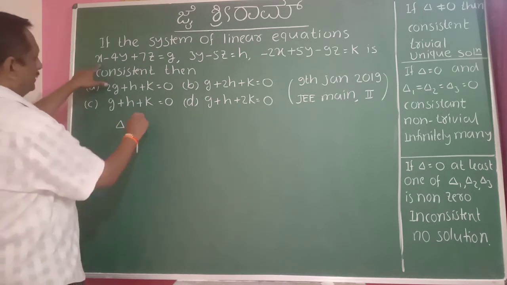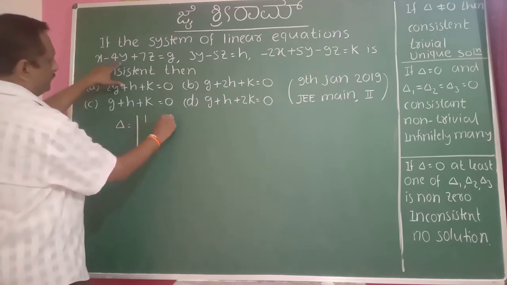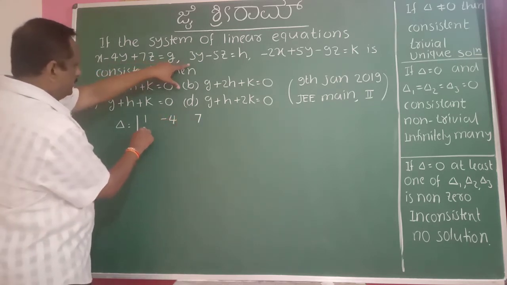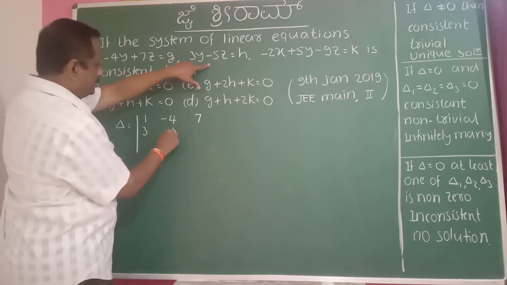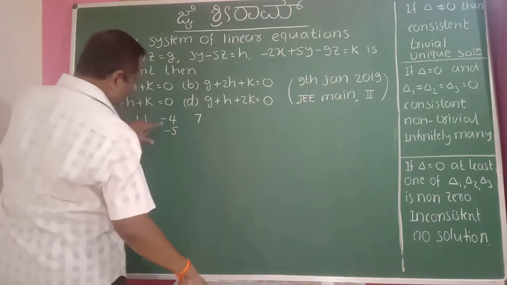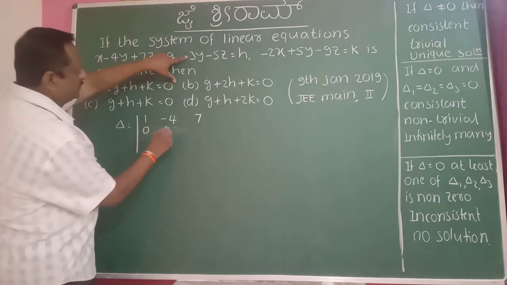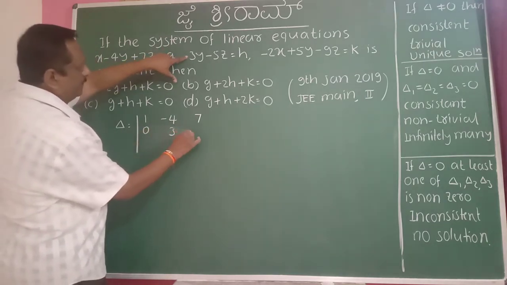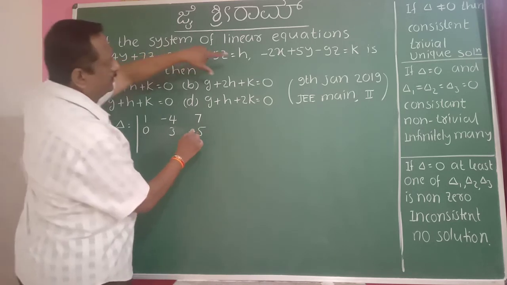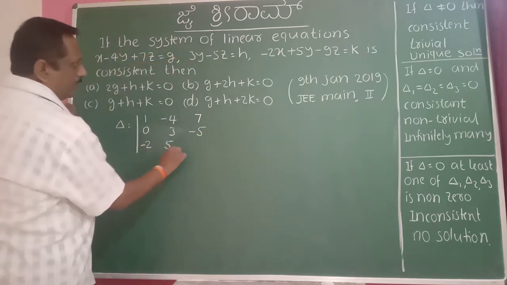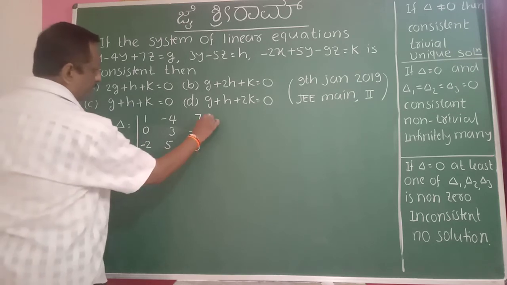the determinant of 1, minus 4, 7. Then 0, 3, minus 5, and there is no x term here, so it is 0. Then 2, 5, minus 9.